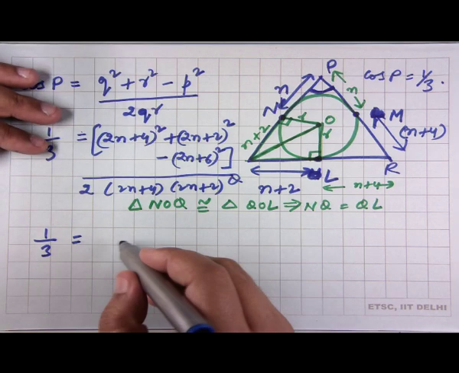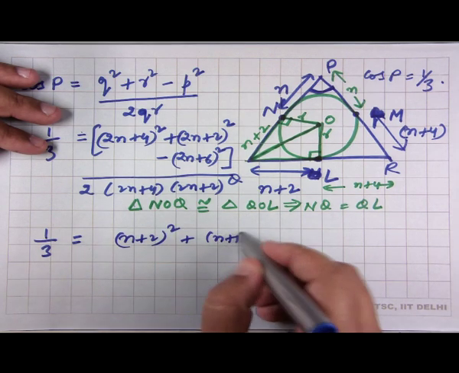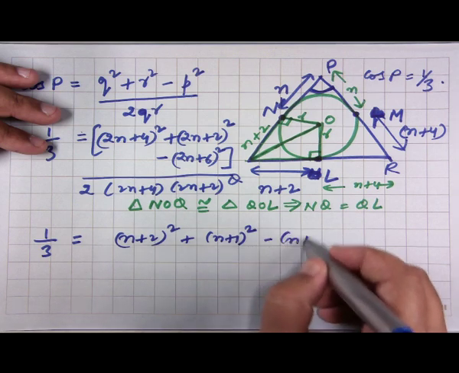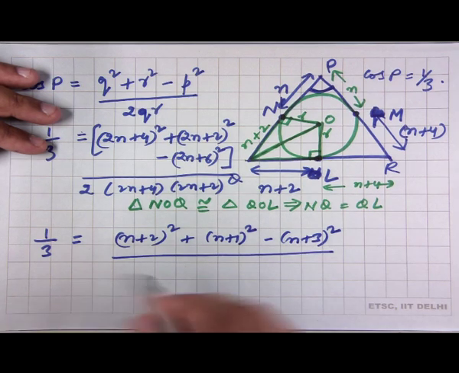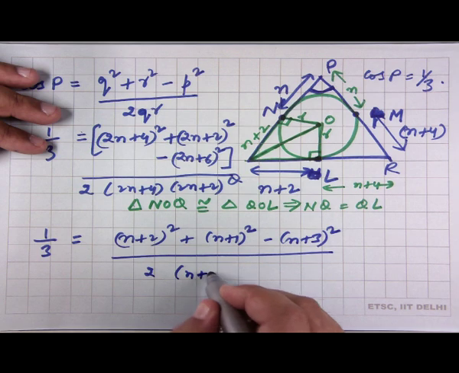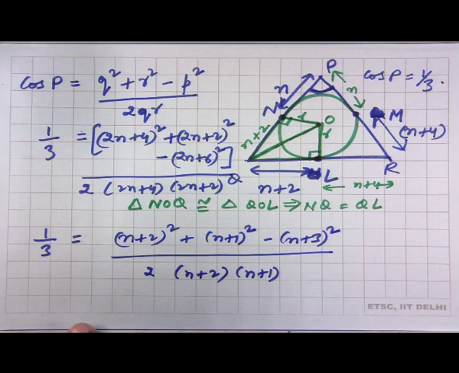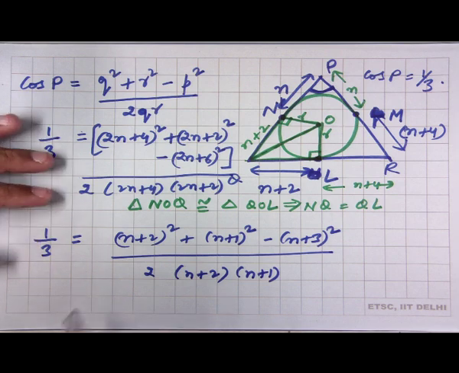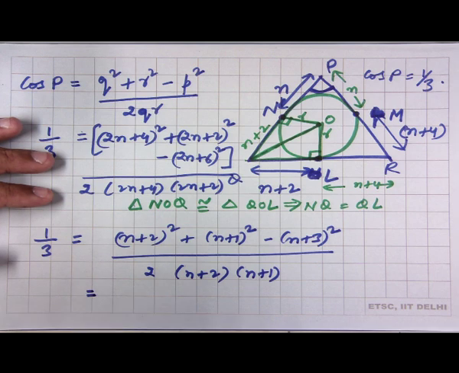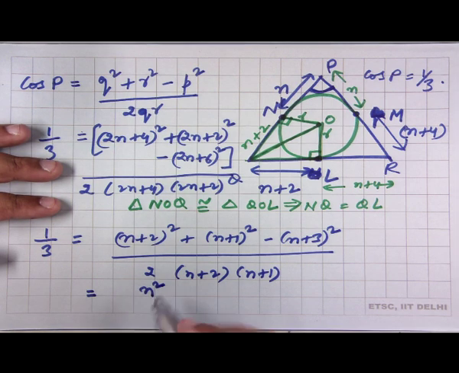So, this can be simplified and written as (n plus 2) whole square plus (n plus 1) whole square minus (n plus 3) whole square upon 2 into (n plus 2) into (n plus 1), which is equal to 1 over 3. The numerator can be simplified further, and what we have in the numerator is n square.